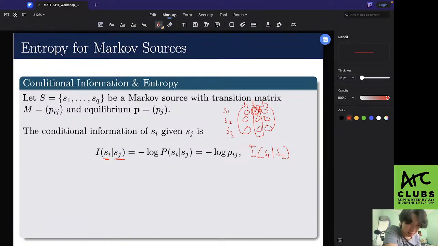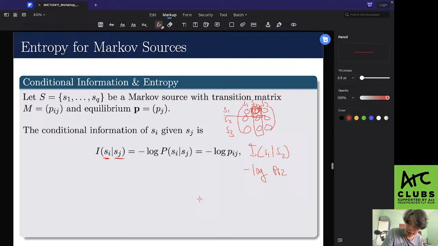So it turns out we can just use this probability and apply our information formula. So we can do minus log of p_12, which says the probability at the row of 1 and column of 2, which gives us this probability right here.